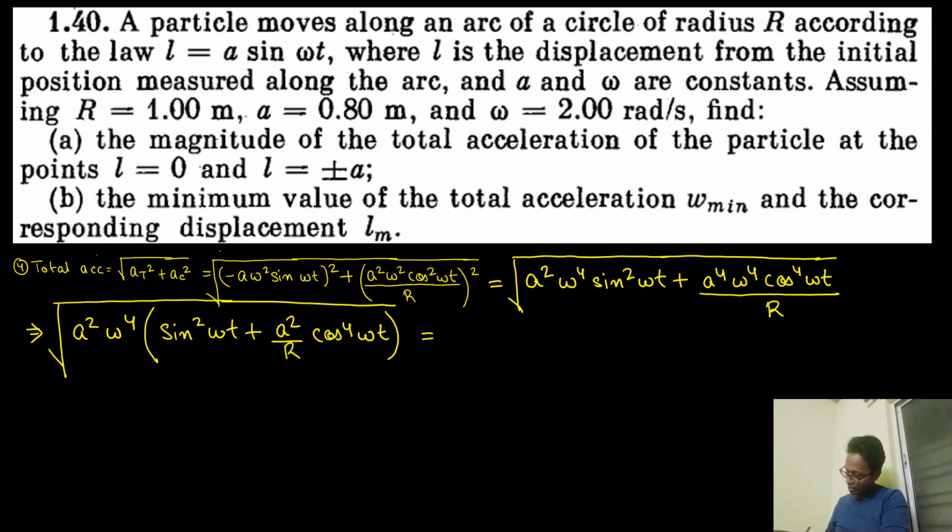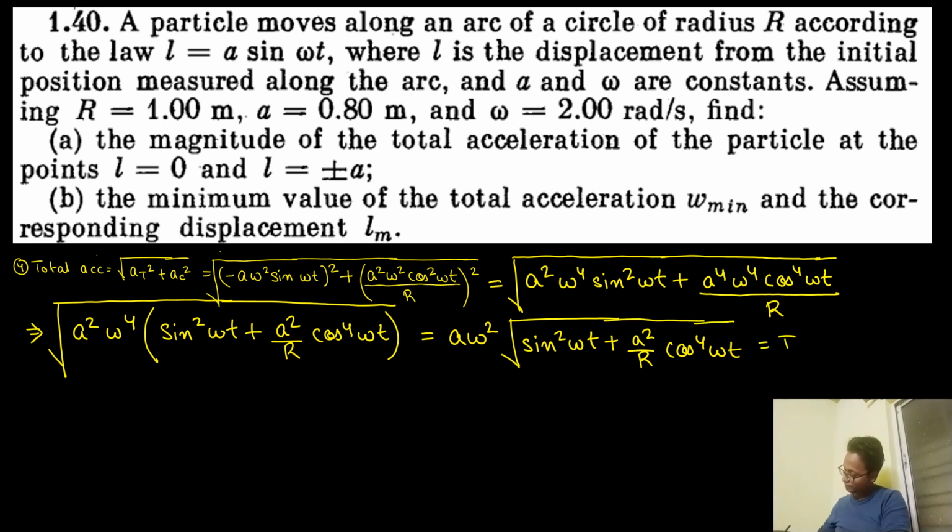A square omega to the power 4 is nothing but a omega square, so I'm taking this outside the root. Total acceleration is equal to a omega square into the root of sine square omega t plus a square by r square cos to the power 4 omega t. This is the value of total acceleration.